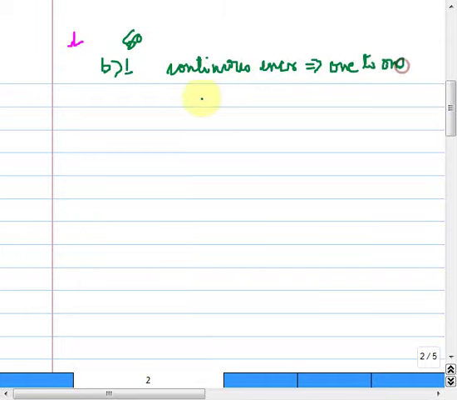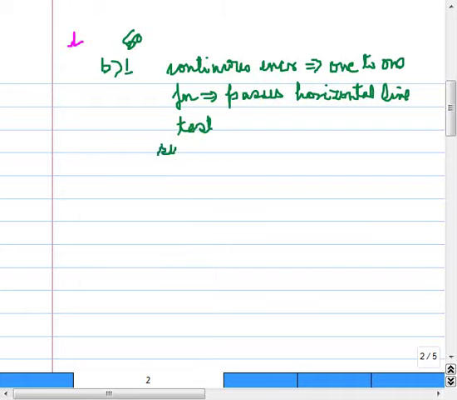One-to-one implies it passes the horizontal line test. So for these values, b to the power x has an inverse.